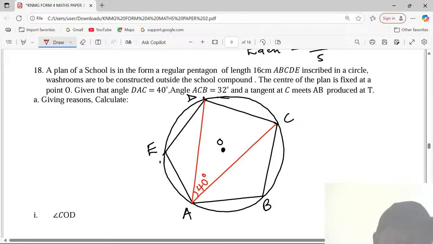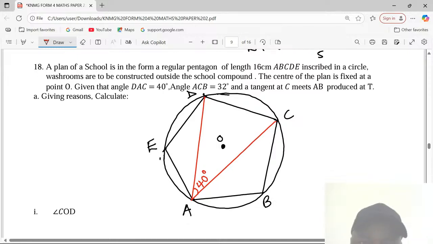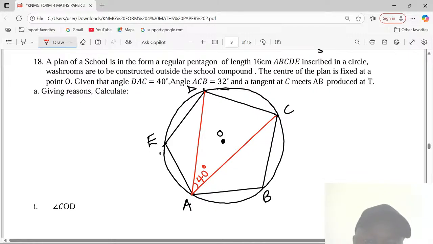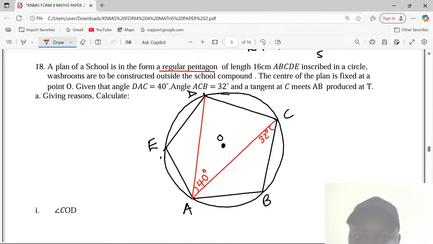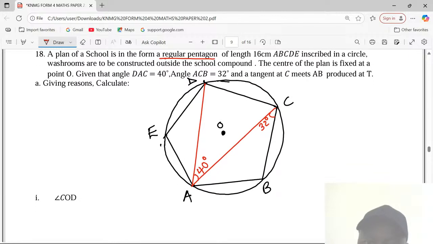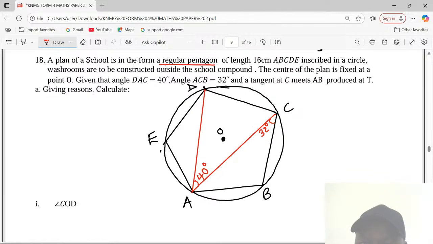We have some more angles given: ACB is 32. Remember, the pentagon is regular. That is an instruction that I want you to take so dear. The pentagon is regular. Those are the provided angles.